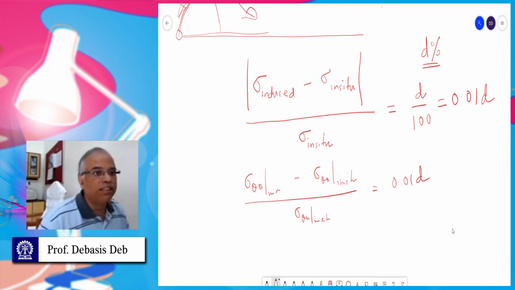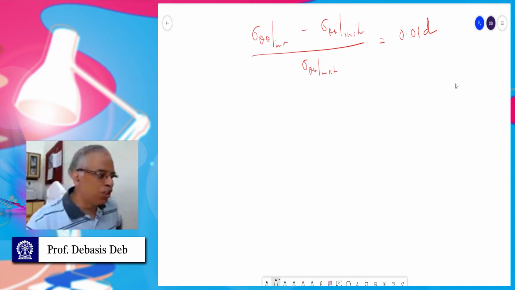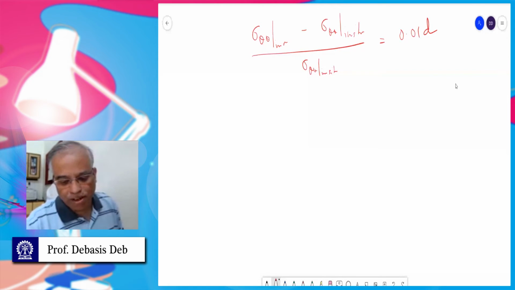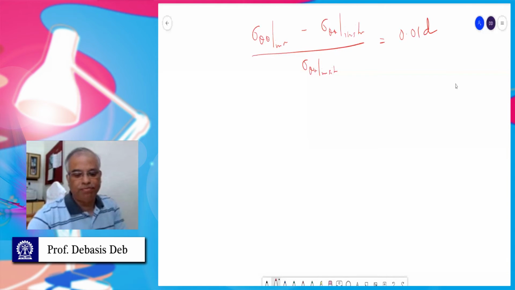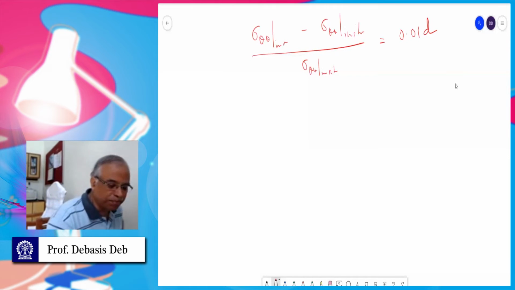Now if I do that, I get an equation. I'm just directly writing the equation because this is also given in the book, so you can see that. Means before that there is a step. I'm just bypassing that step.